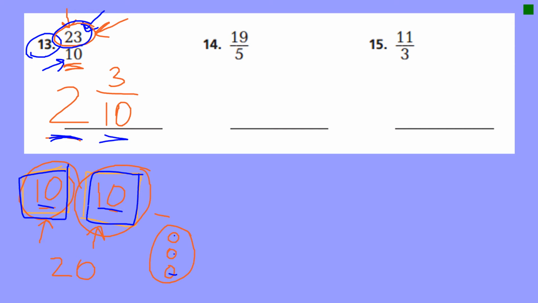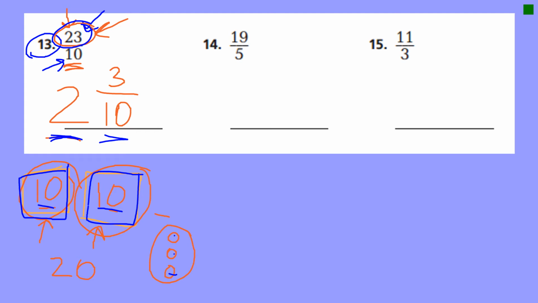2 and 3 tenths. Now you may have learned in class today to think of it like division. It's exactly right. It is division. 23 divided by 10 is 2 and 3 tenths. That's the quotient to 23 divided by 10.